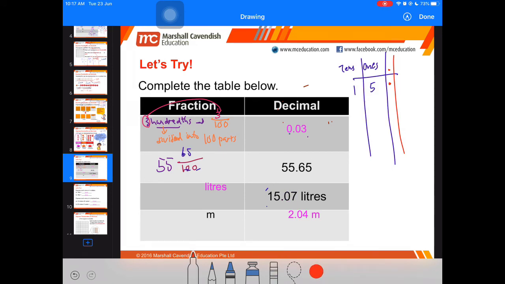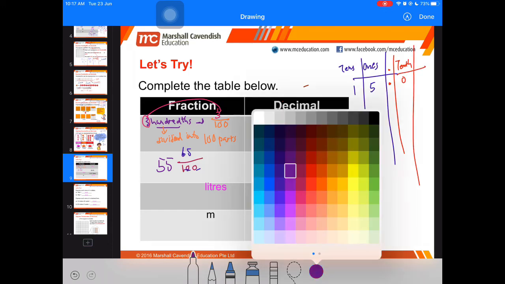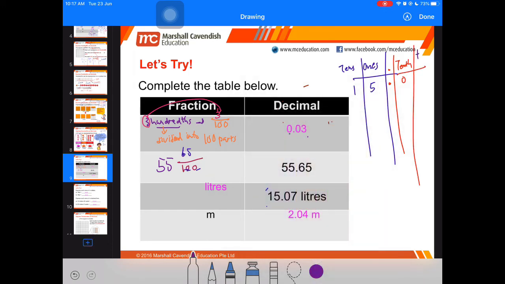And now that is 0.07, so you have 0 tenth, and the next place value, I hope you remember, is hundredth. So 15 is more than 1. This is the whole number. Don't forget. A lot of people forget to write down the whole number.